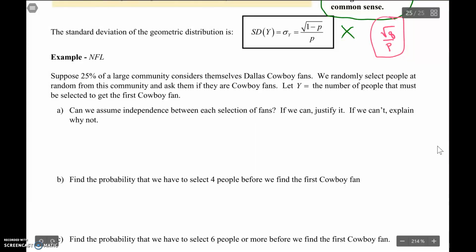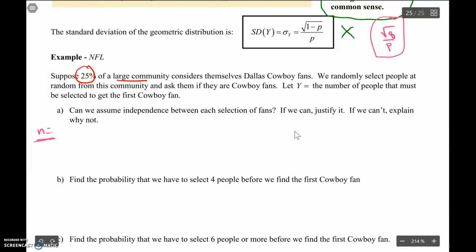Yes. We have a large community, but it's finite. If you take one person out of that community, it's going to change the likelihood a little bit for the next one. However, I think it's fair to assume that, how many people are we selecting? Oh, we're not selecting a set number of people. So we don't really have an n.